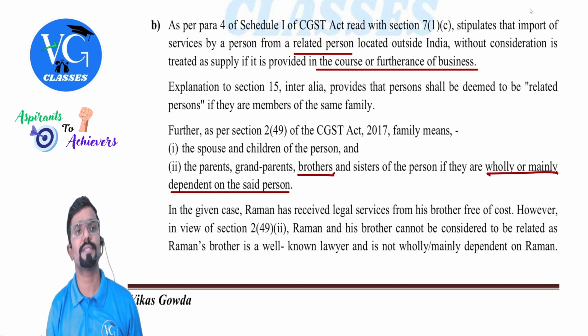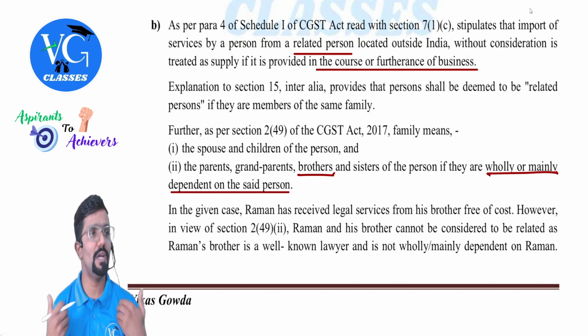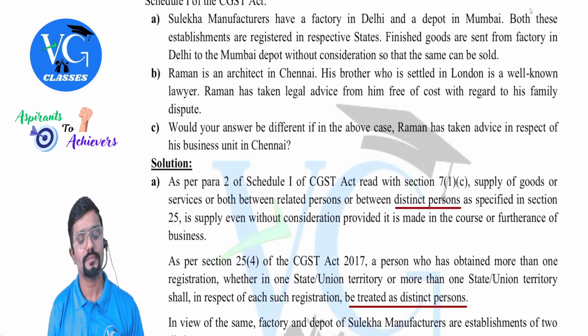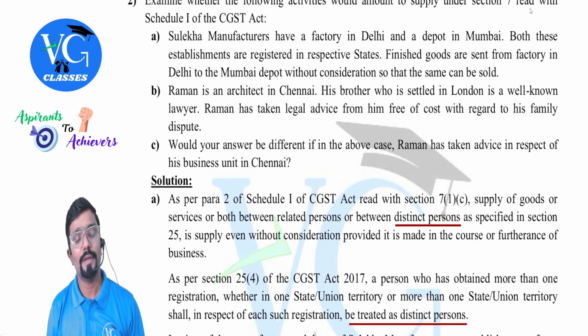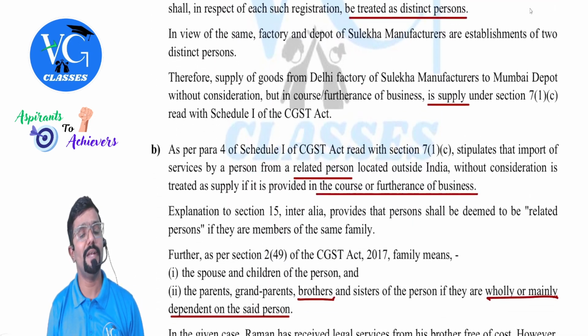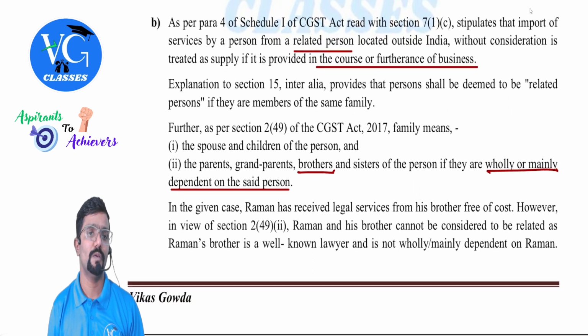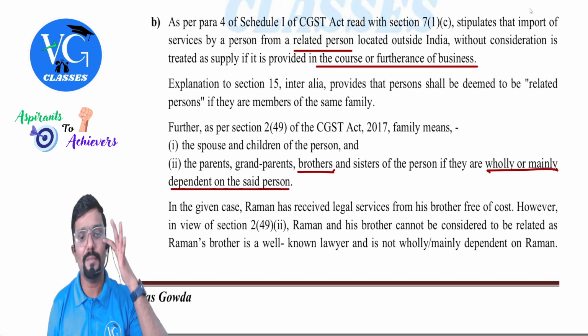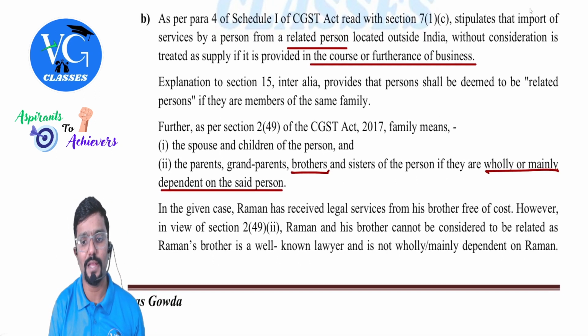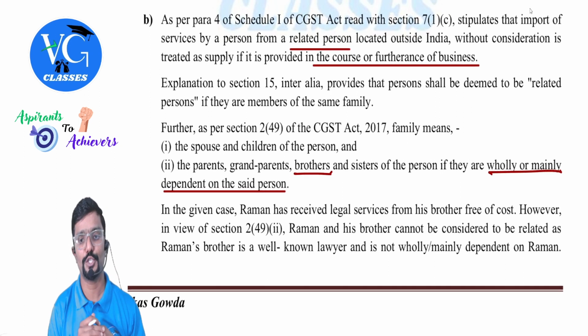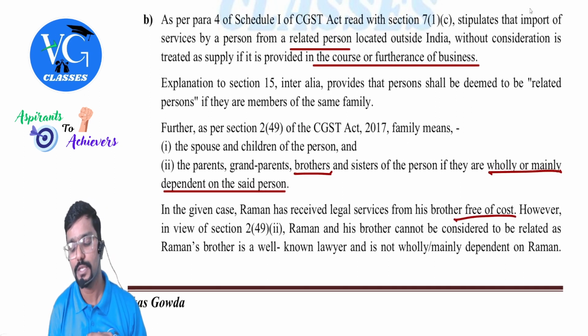So in the given case, is that brother dependent on the person, guys? No. Did they give the name of that person? Raman. Okay. Is the brother of Raman dependent on Raman? No. In the given case, Raman has received legal services from his brother free of cost.